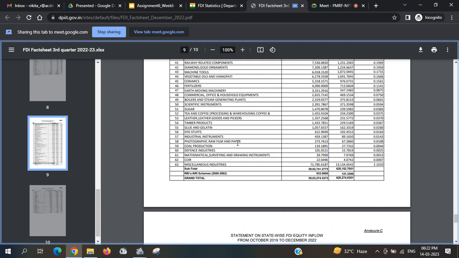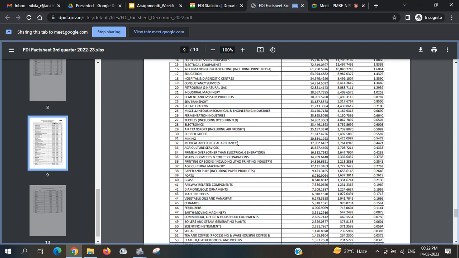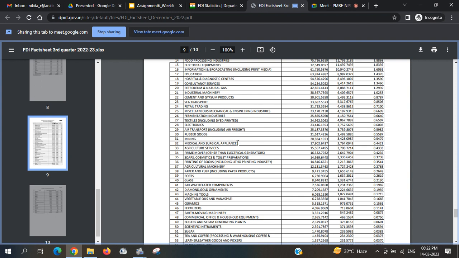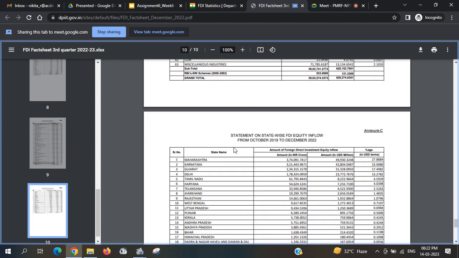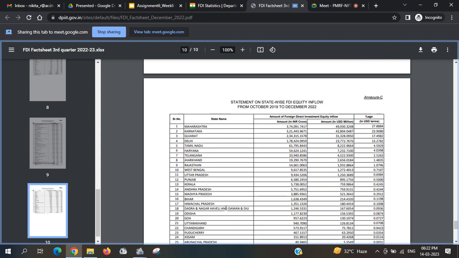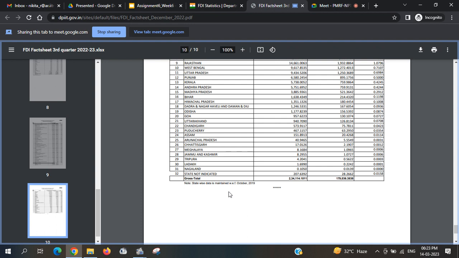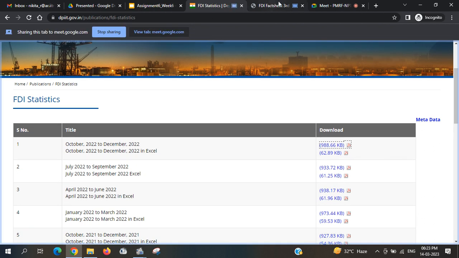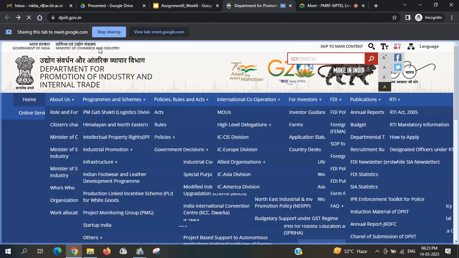If you are interested in sector-wise FDI or such things, you can access these reports. There are even state-wise FDI reports published by the DPIIT.